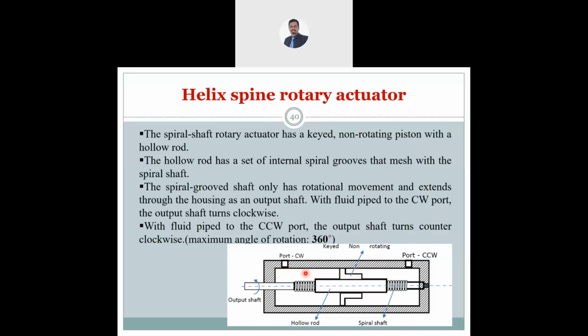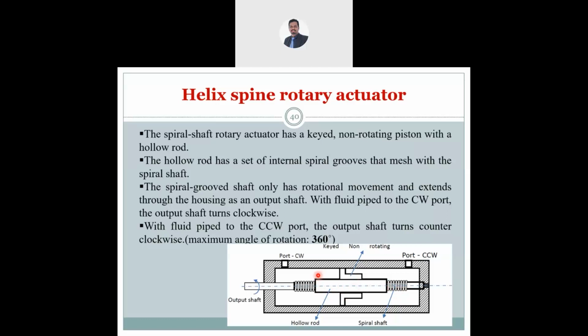So when it moves here, the screw is attached to the hollow rod. Hollow rod meaning it is empty inside. So your screw is entering inside. Inside this there is a thread for the screw.